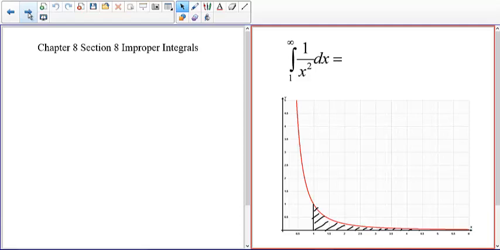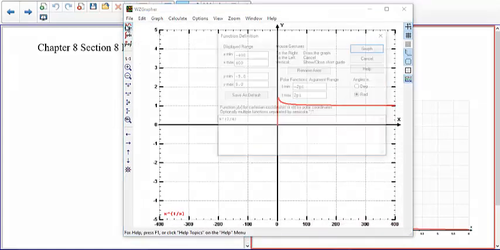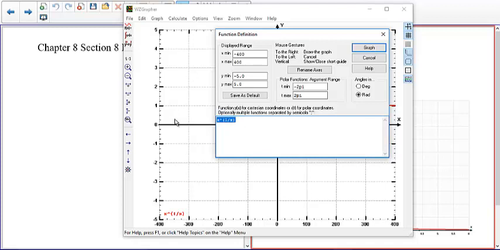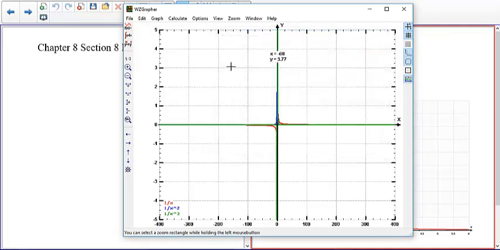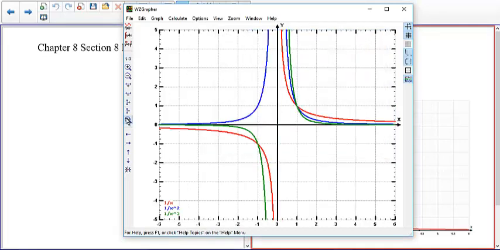Let me just demonstrate that by plotting a couple of reciprocal functions. So if I go here and I plot 1 over x and 1 over x squared and 1 over x cubed, and I look at it like that.